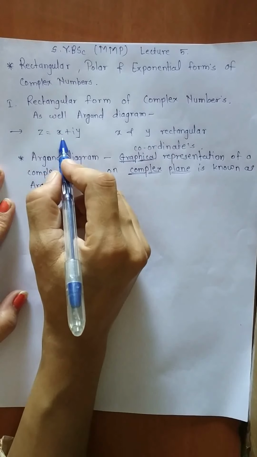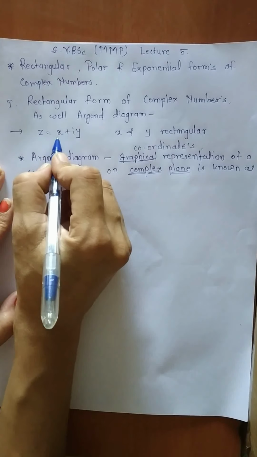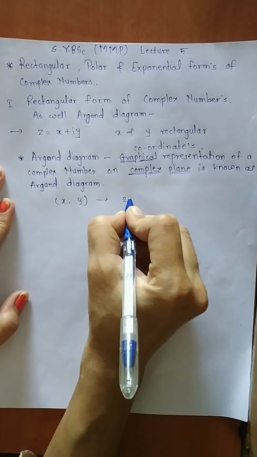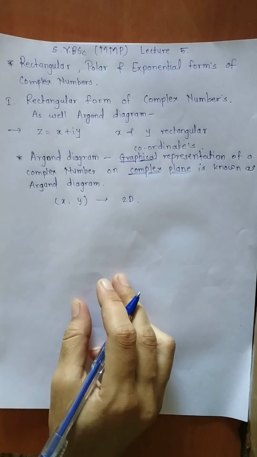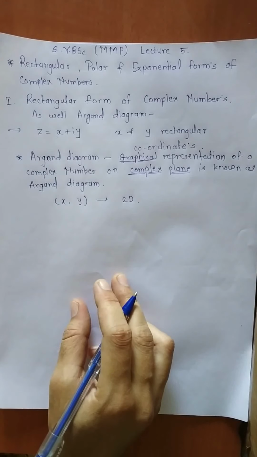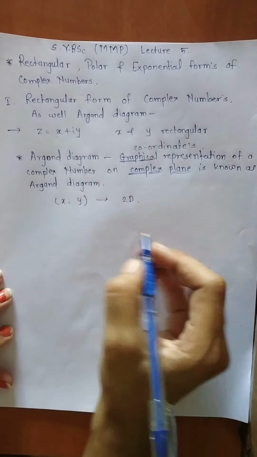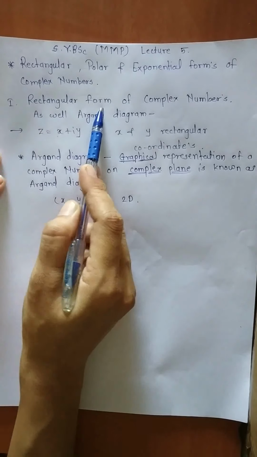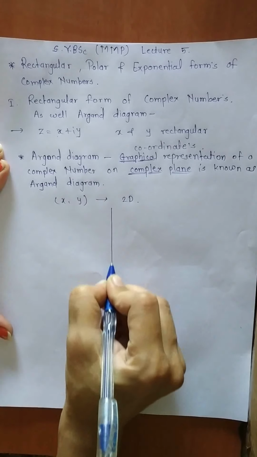Since a complex number contains x and y, we need a two-dimensional plane. So when we represent a complex number in a two-dimensional plane, we need x and y coordinates, that is rectangular coordinates. So let me draw a figure.